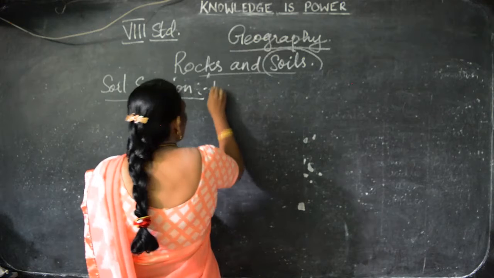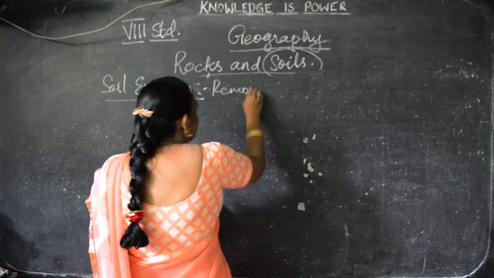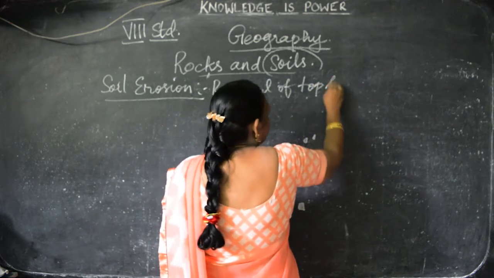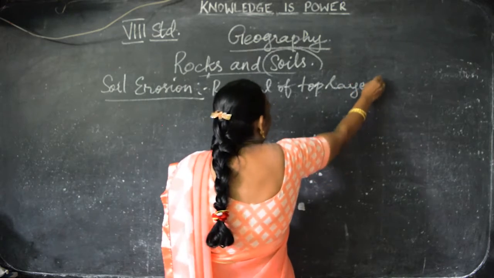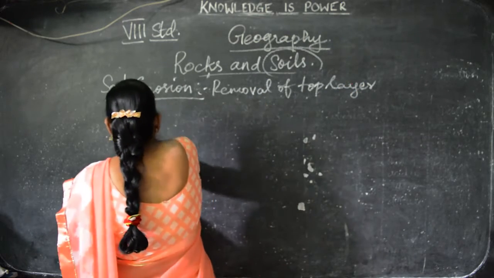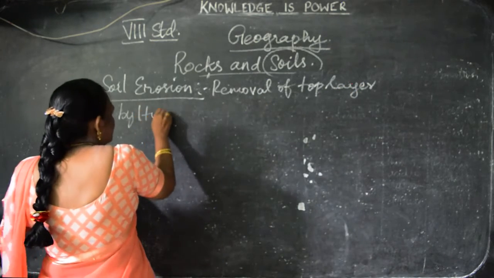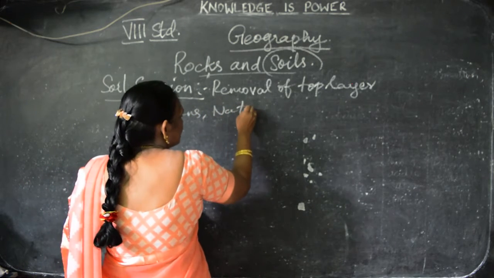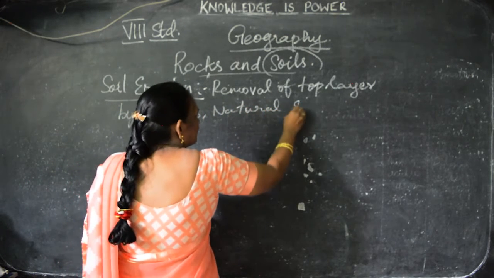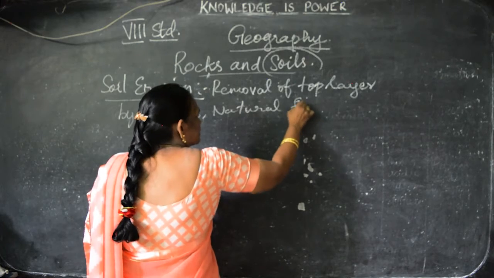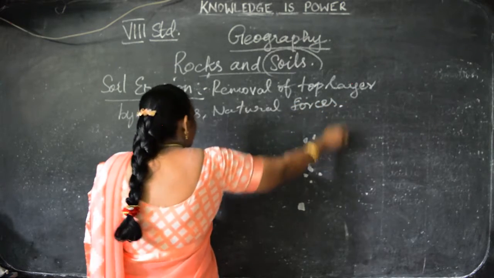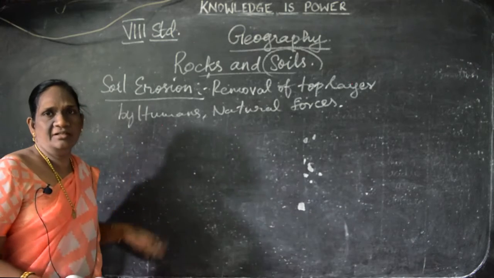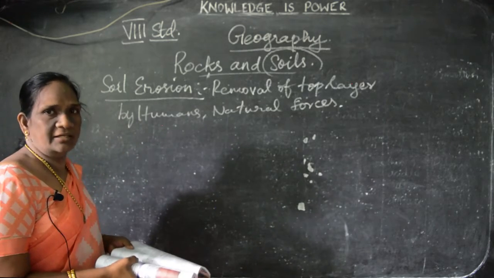It is the removal of the top layer by humans or natural forces, or we can say because of animal grazing. Understand? So because of this, soil erosion will occur.